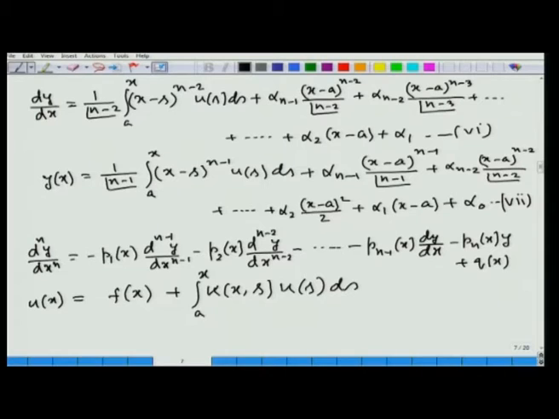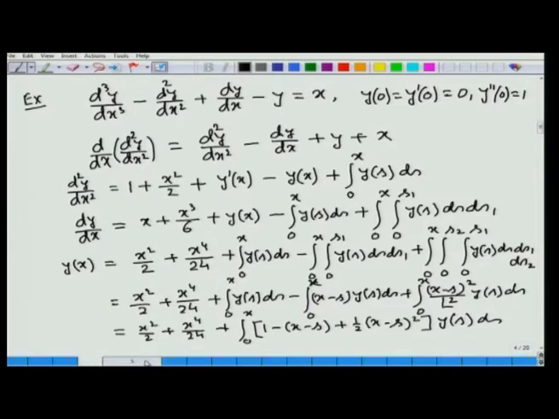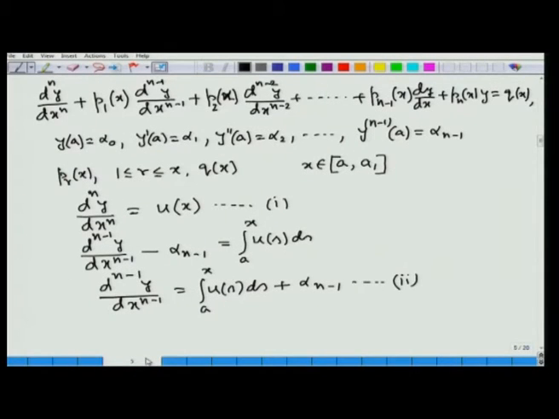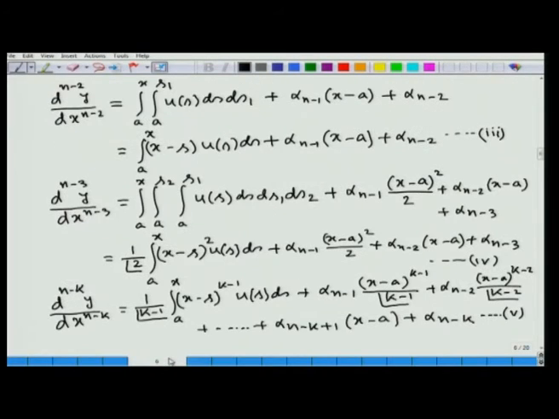Now, the task is we have to write what is f x and what is k x comma s. Now, just recall from here, first of all this alpha n minus 1 will be multiplied with p n minus 1.